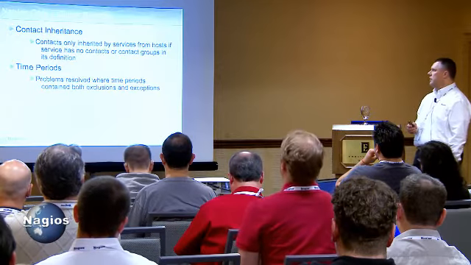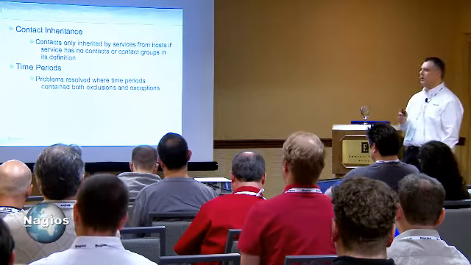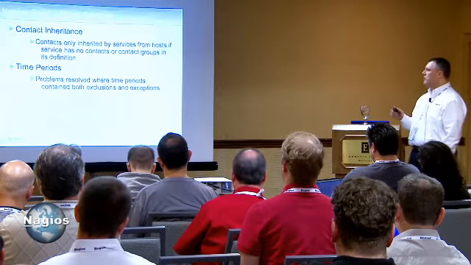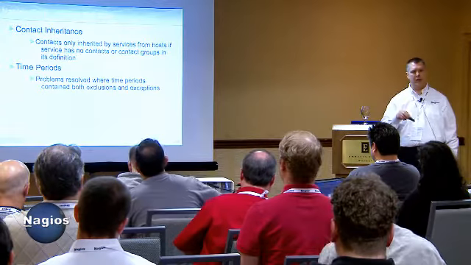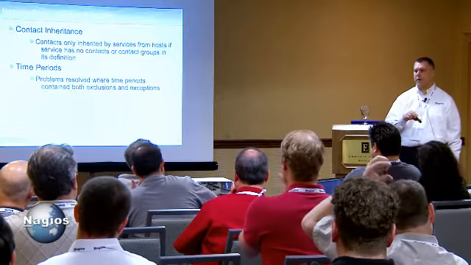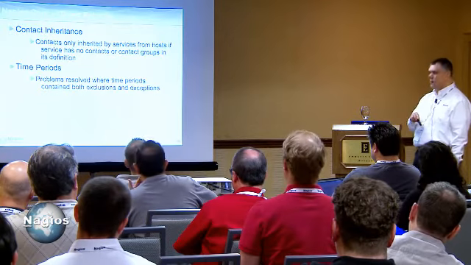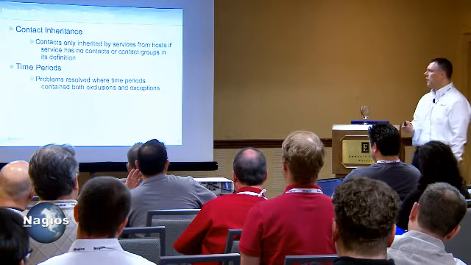A couple of changes in object behavior, things to know about. So contact inheritance. The documentation has for a long time said that if a service has no contacts, it inherits contacts from its host. But if it does have contacts, it doesn't. Well, that didn't quite used to be true.